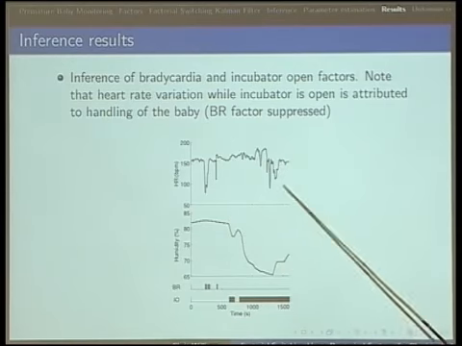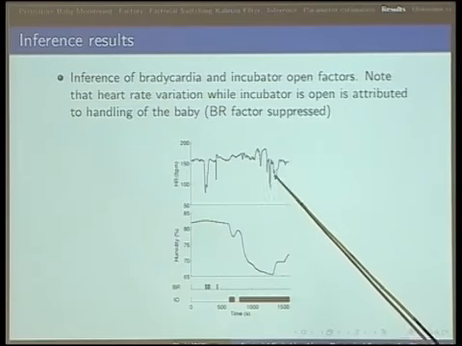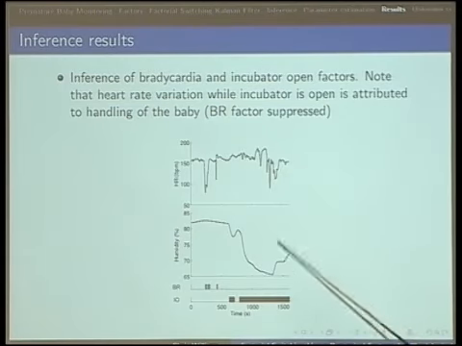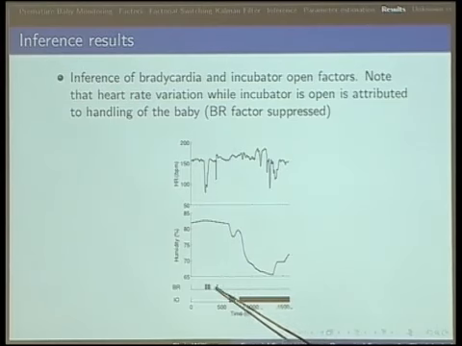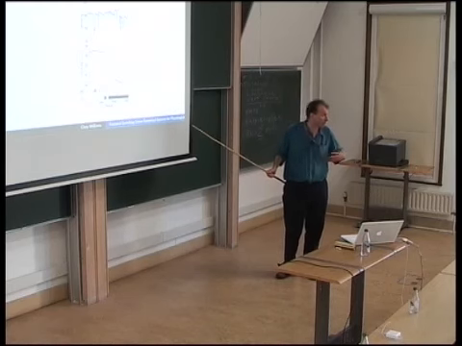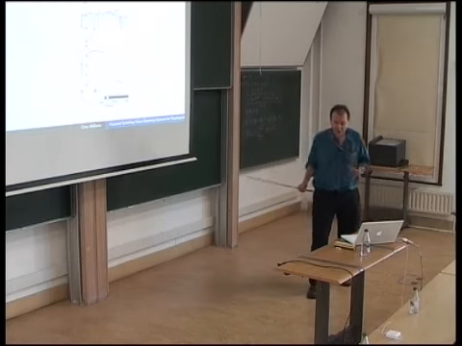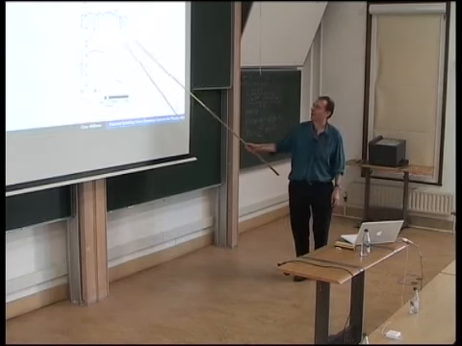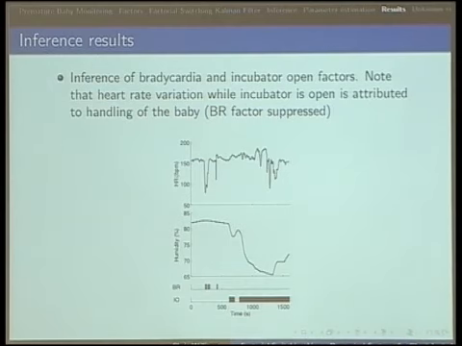However, when there's instabilities in these traces later on, but when the humidity is low, basically what's happening is that when the incubator is open and there are nursing interventions, we expect these traces to be much more variable. And so this kind of drop in the heart rate here is actually explained away. It says, okay, I know the incubator is open. In that situation, these traces tend to go crazy, so I'm not going to flag this as a bradycardia there.